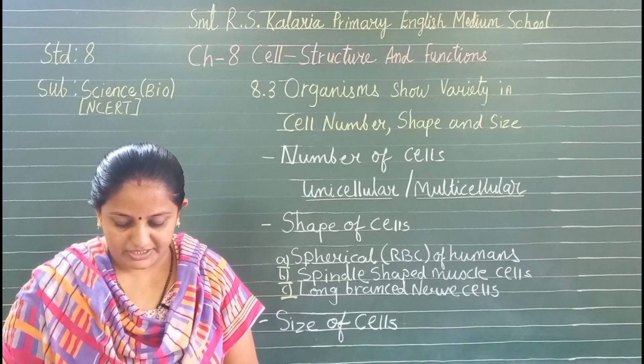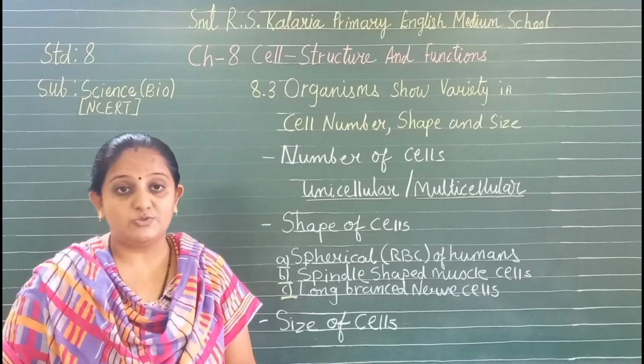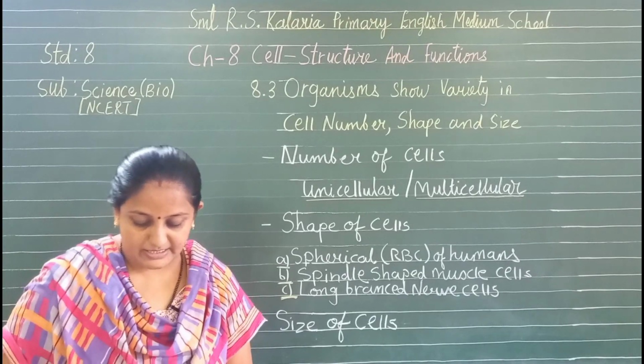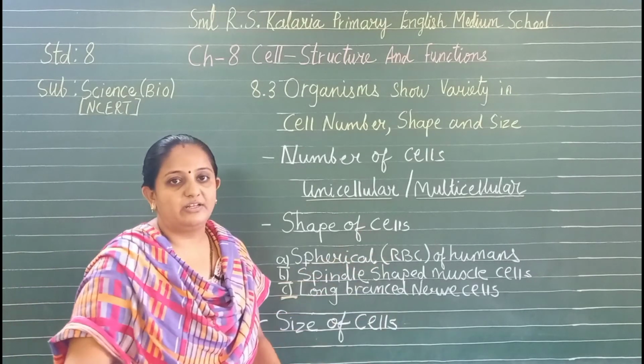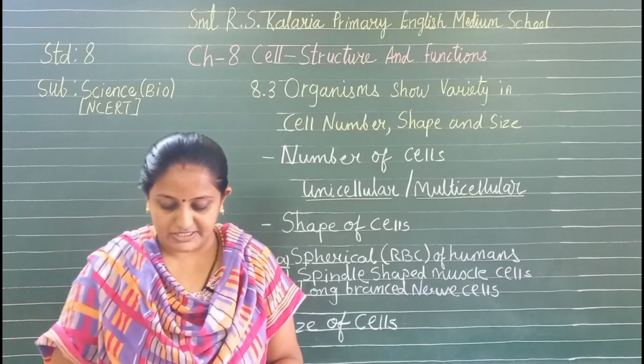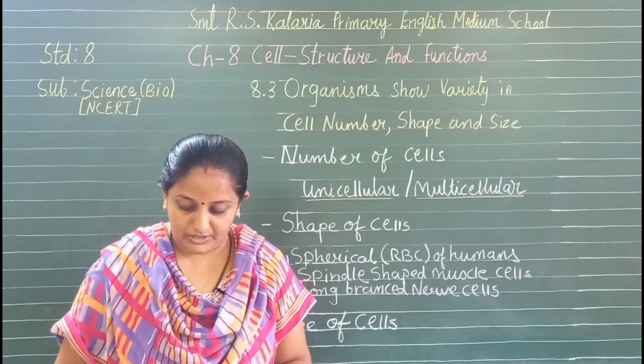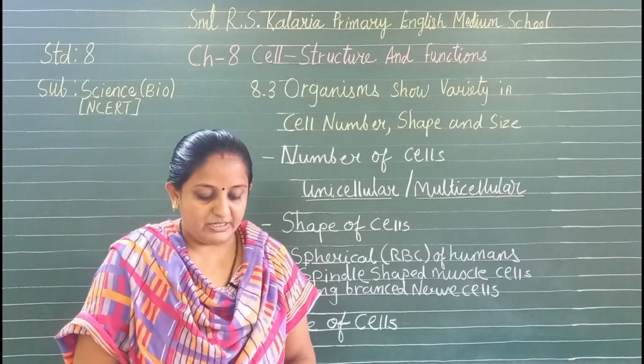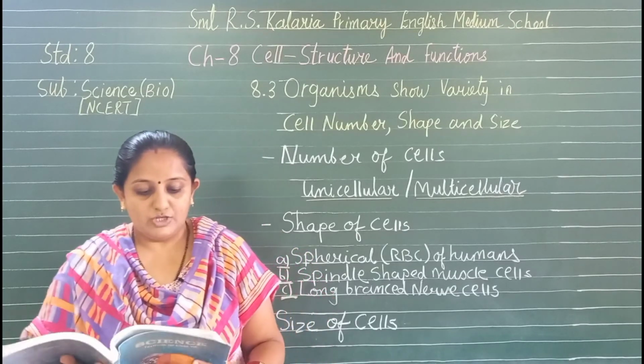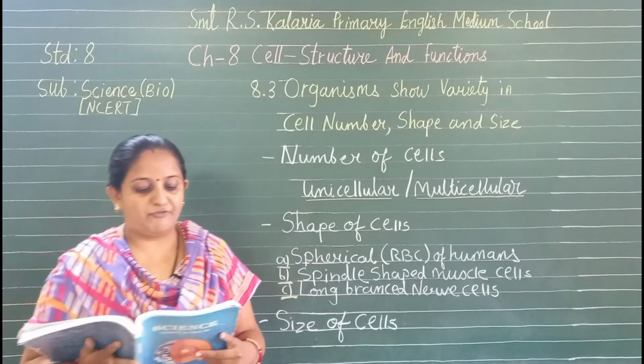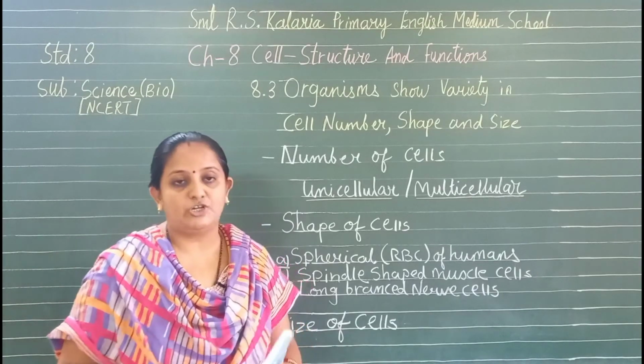Uni means one and cellular means cell, and multicellular organisms are humans and plants. So these organisms are either multicellular or unicellular. A single cell organism performs all the necessary functions that a multicellular organism performs.